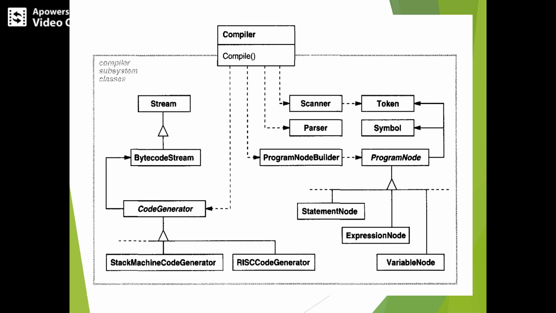It glues together the classes that implement the compiler functionality, without hiding them completely. We are not hiding them in the facade design pattern. That is the specialty of this facade structural design pattern.